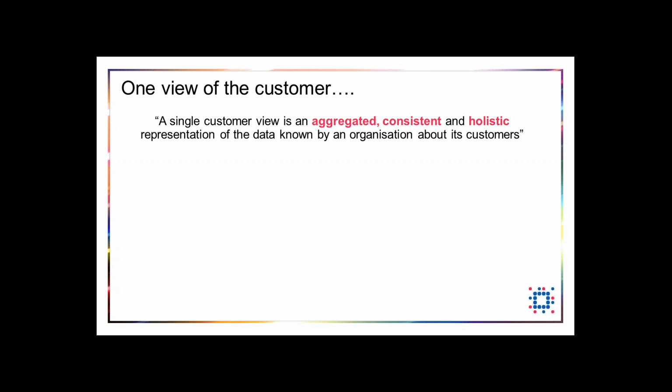At Experian, we have a heritage in integrating huge volumes of data to achieve a single view of the individual. So if we look at this definition, we're talking around aggregation of data, it being consistent and persistent over time, and the importance being the total view of the customer at all touch points.